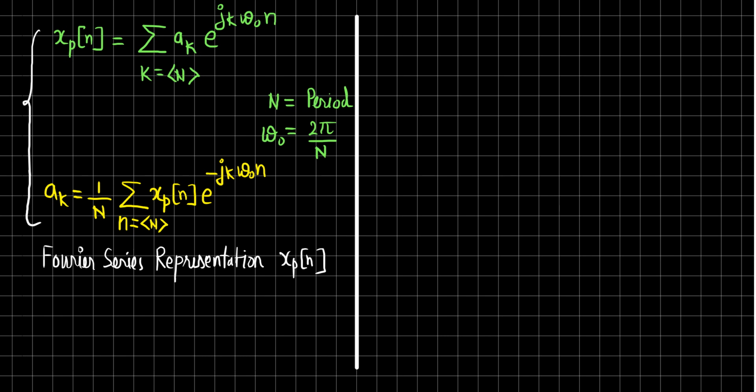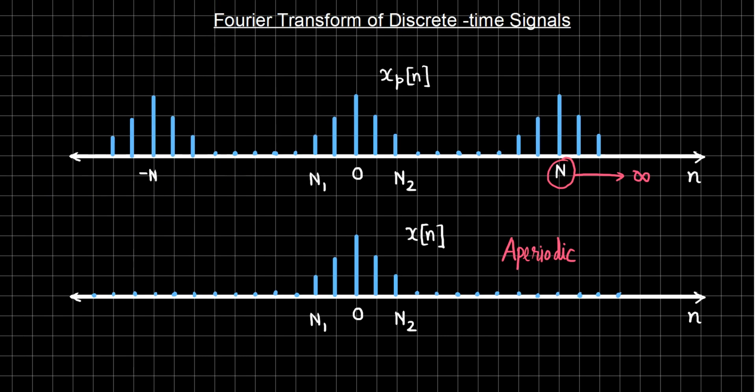Now this summation, that is over a period of N, we may take any period. So if you look at this figure here, if the signal is periodic with the period of N, we may take the samples from say 0 to N minus 1, or I may take the samples from 1 to N. So that accounts for N samples.